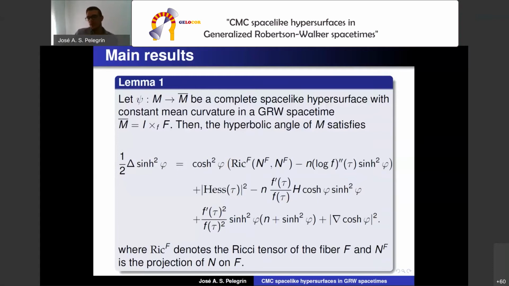Okay, we can compute this Laplacian by means of the previously mentioned Bochner's formula, and here we obtain that this Laplacian depends on our usual suspects in these cases: the mean curvature, the hyperbolic angle, the warping function and its derivatives, as well as the Ricci curvature of the fiber. So, as I said, in order to reach this result, we need to make a few computations using this Bochner's technique.